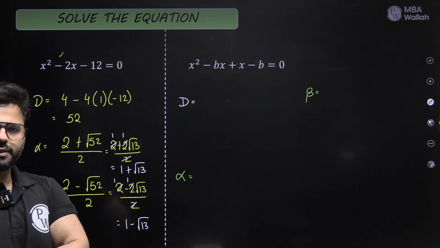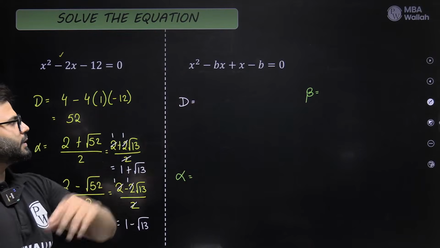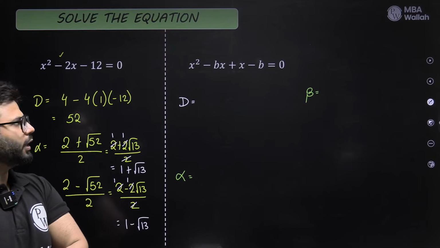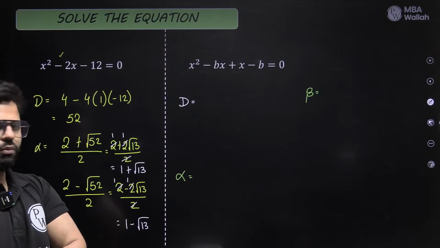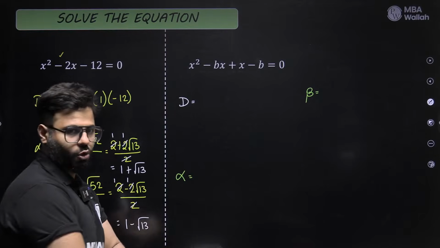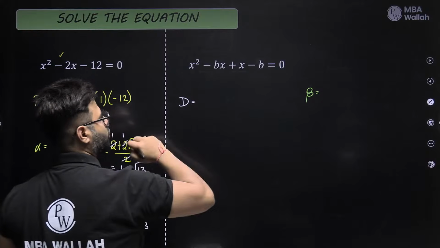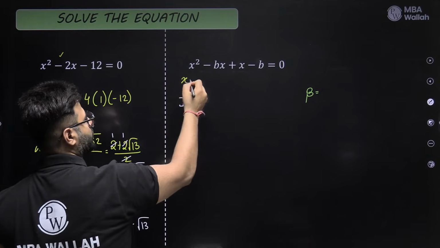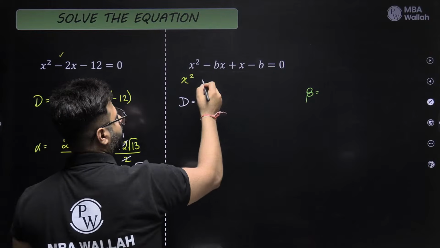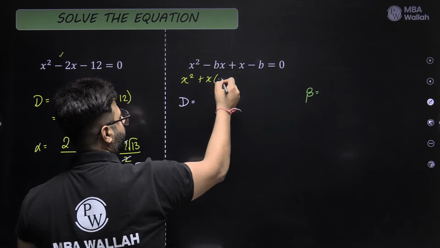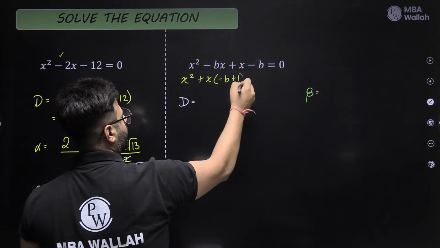The first thing is, is this in the right form? Can I write down A, B, and C clearly using it? No. We have to take things common, right? So first, let's take some things common. If I take x common, this becomes plus x, this becomes minus b plus 1, right?